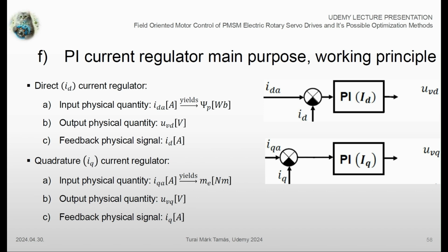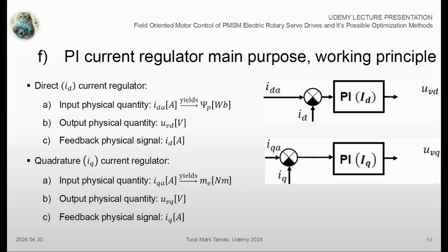However, I may create an independent video series about the most used optimization techniques regarding the permanent magnet synchronous motors in the future. Next is the quadrature current regulator. We are not surprised at all, the same physical dimensions are present in this current controller as well, as we saw in case of the direct direction.